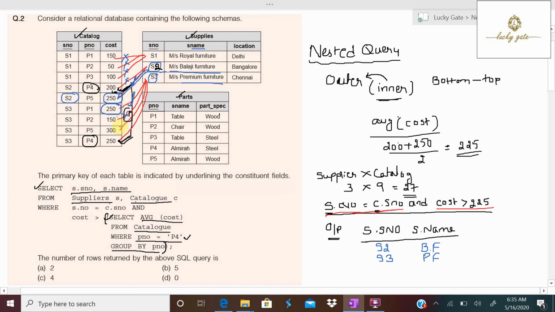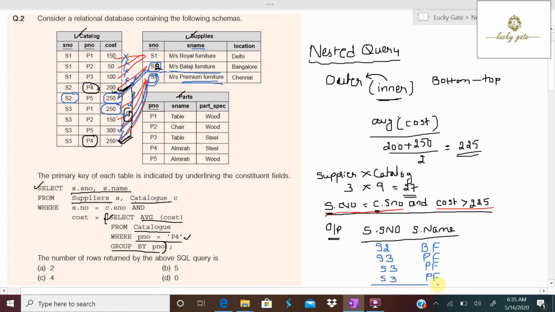This is 300 greater than 225, true. Similarly 250 greater than 225 is true for these combinations. Again, these two are the combinations for S3 row and Premium Furniture. For these two tuples, again it is going to display the s number S3 and Premium Furniture in the output.